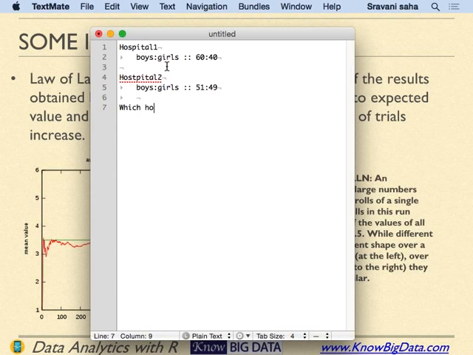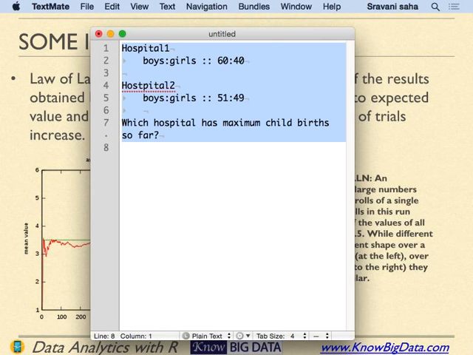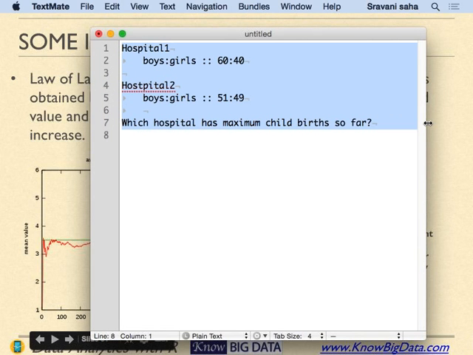Which hospital has had the maximum number of childbirths so far? What can you say about the total number of childbirths that have happened in these hospitals? Hospital 1 or hospital 2?